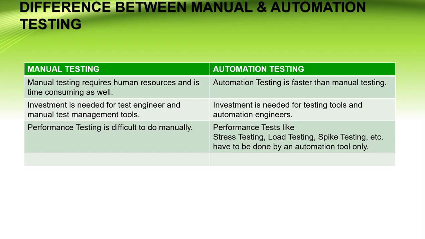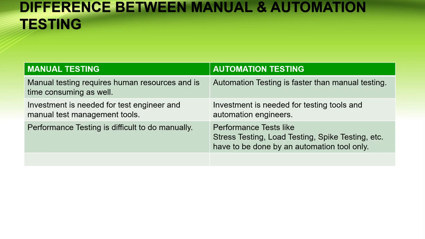So, in manual testing and automation testing, the cost and investment are different, but I think the investment is not very high or low in both testing. And performance testing is difficult to do manually.